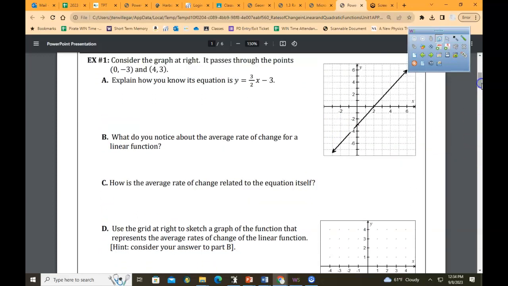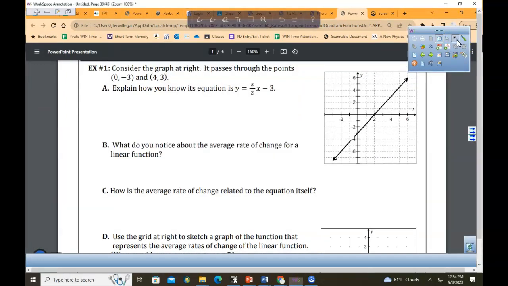Consider the equation at the right. It passes through those points. And how do you know it's the equation of y equals 3/2 x minus 3? Well, we know it is because -3 is the y-intercept, and I can look at that from the graph.